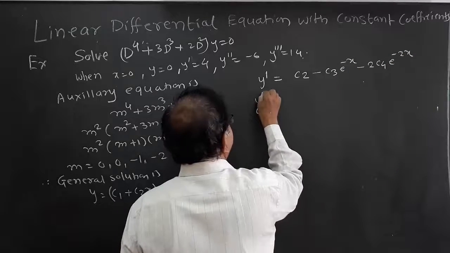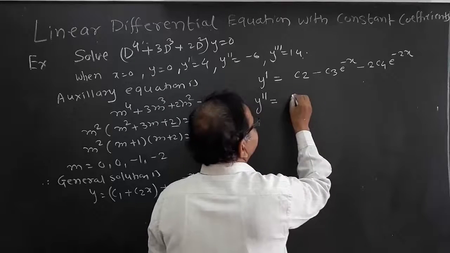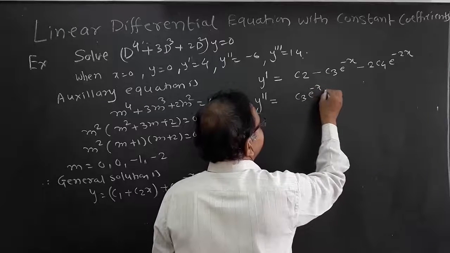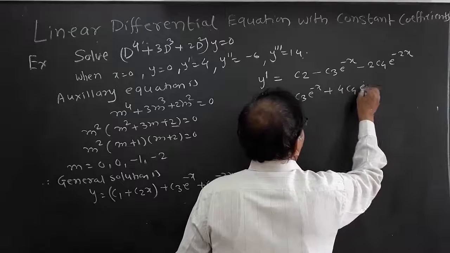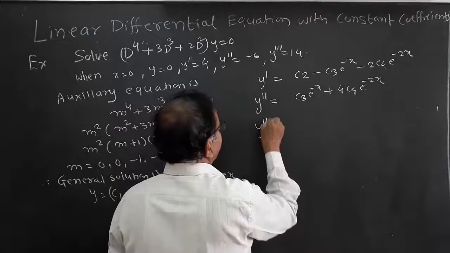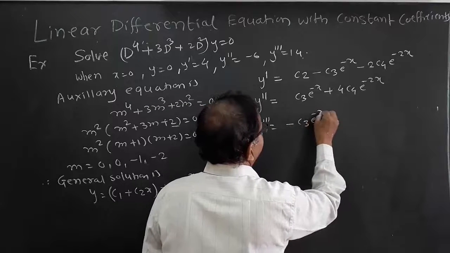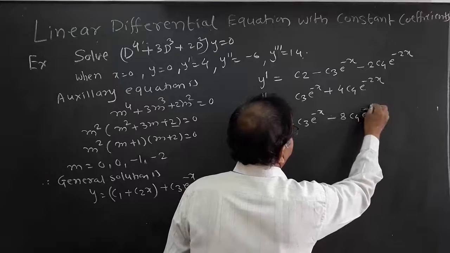Again we differentiate a second time, y double dash: derivative of c2 is 0, c3 e raised to minus x plus 4c4 e raised to minus 2x. Again differentiating a third time, y triple dash equal to minus c3 e raised to minus x minus 8c4 e raised to minus 2x.